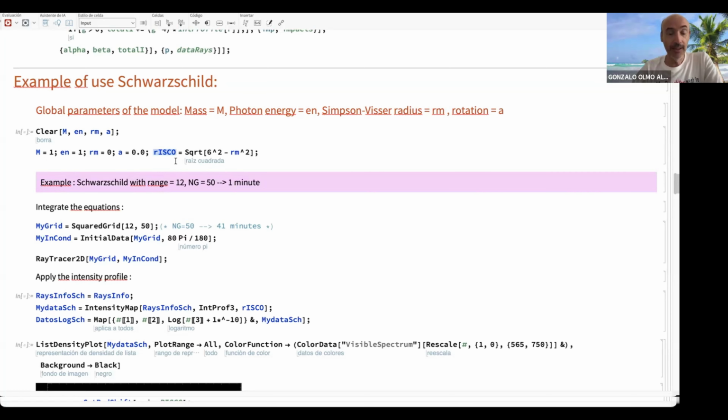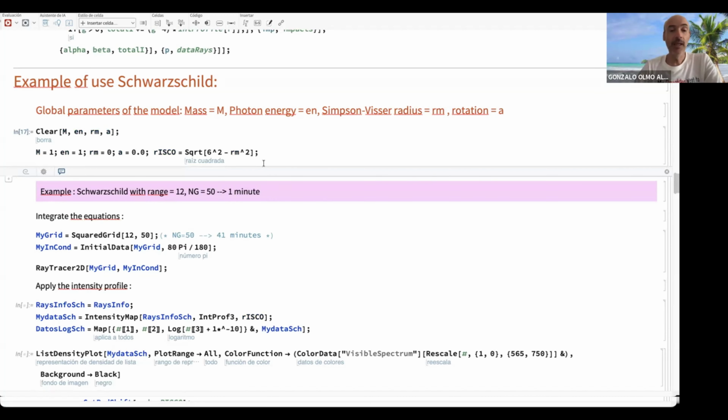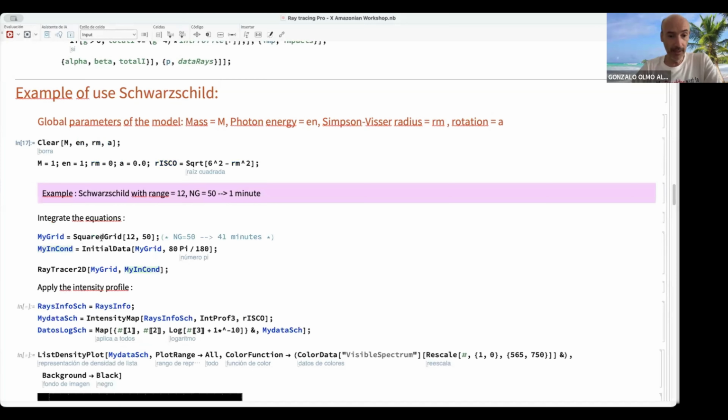As I said, the location of the ISCO, we are giving it like this. So there is no dependence on the A parameter of Kerr. So probably this is not valid for Kerr, but anyway, it's a minimal detail. So now I choose my model, which is basically Schwarzschild. And I'm going to compute the grid.